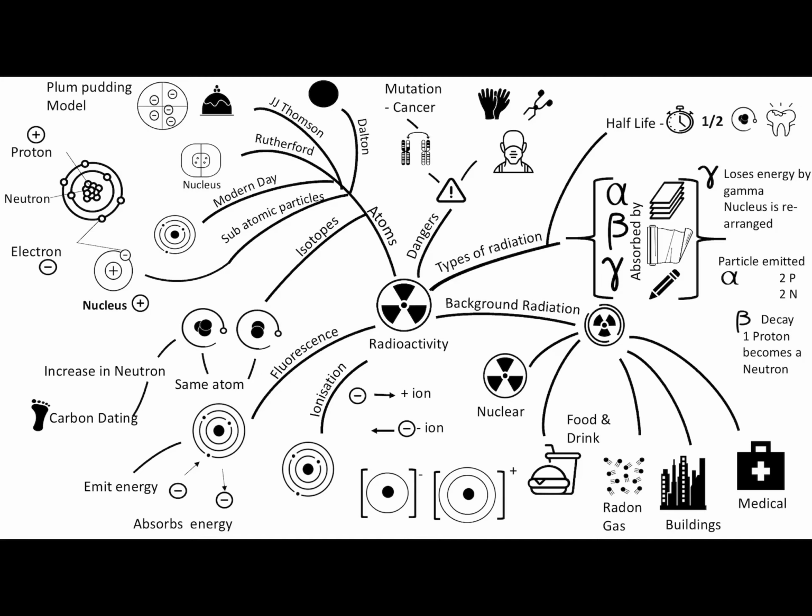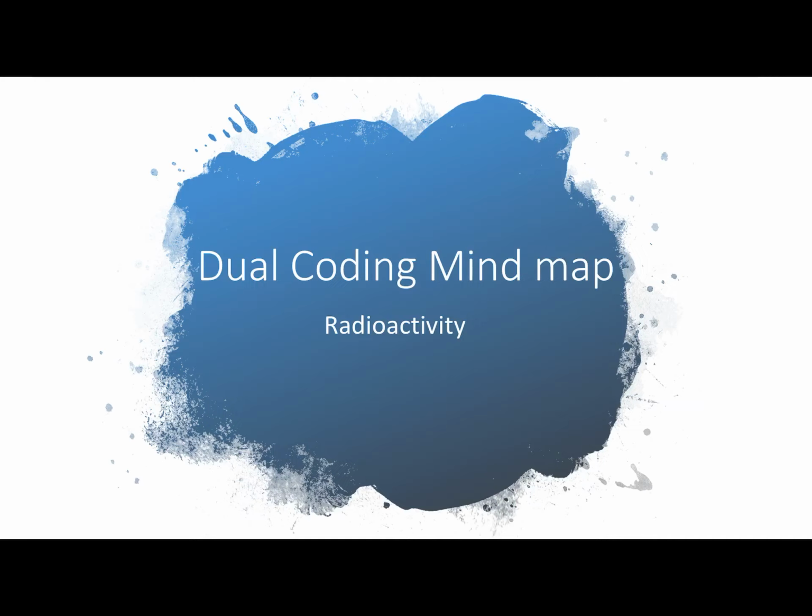The more times you do this, the more you're going to remember it, the more it's going to stick in your brain, the more you're going to be able to recall later on. So do this every week or every few days to try and remember as much information as possible. Then compare your 2 mind maps that you've completed with your first one to see how well you did.